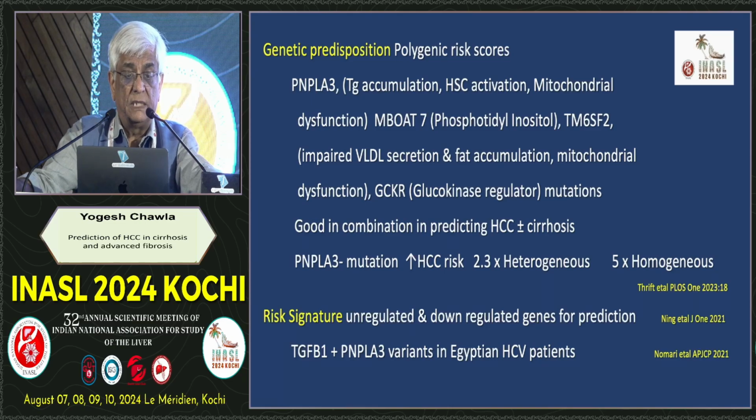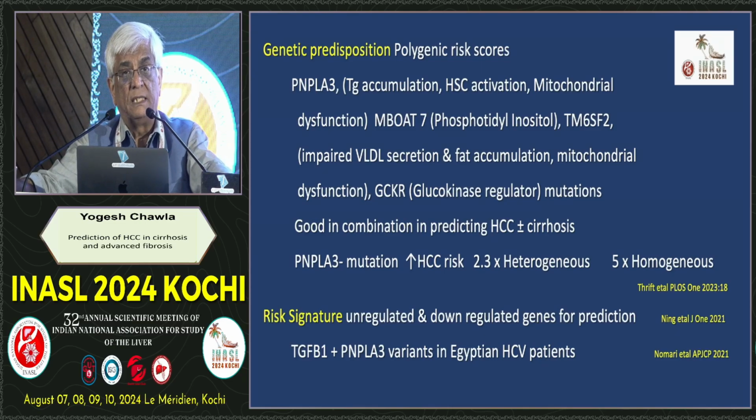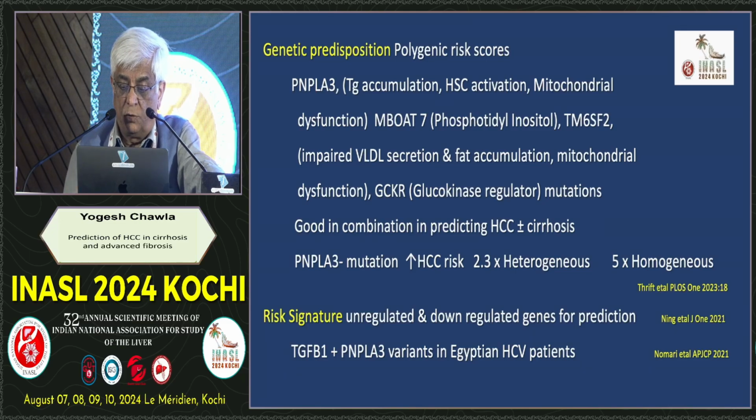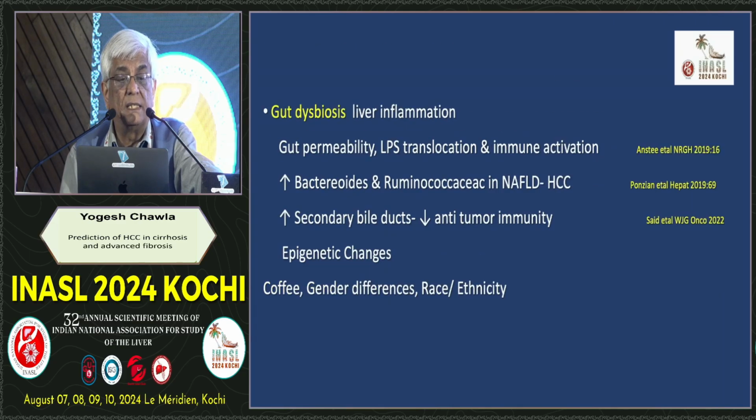Some studies have shown that there may be a role of polygenic risk scores which could predict the development of HCC. Other authors have also mentioned risk signatures of upregulated or downregulated genes for predicting HCC.